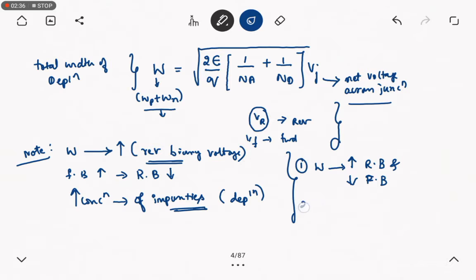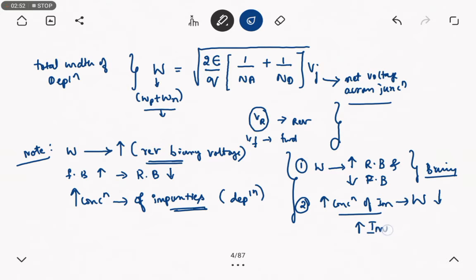And the second case: on increasing the concentration of impurities, the width of the depletion region decreases. First one is with respect to biasing. Second one is with respect to adding the impurities. Both are two different cases.